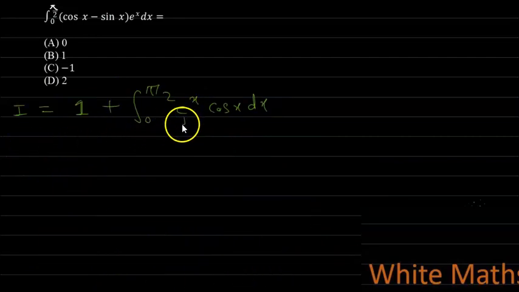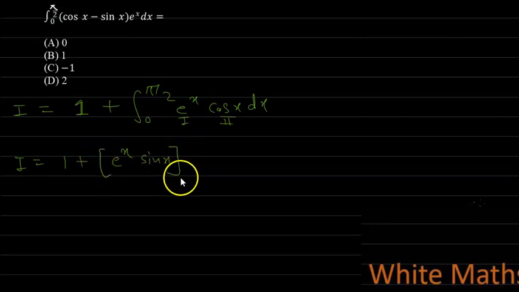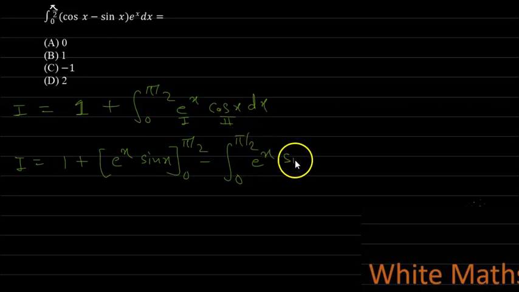Again integrate this, consider this is first function and this is second function. Then I is equal to 1 plus first function as it is, integral of second function, that is sin x, and limit is 0 to pi by 2, minus integral 0 to pi by 2 derivative e to the power x is e to the power x, and integral of cos x is sin x dx.